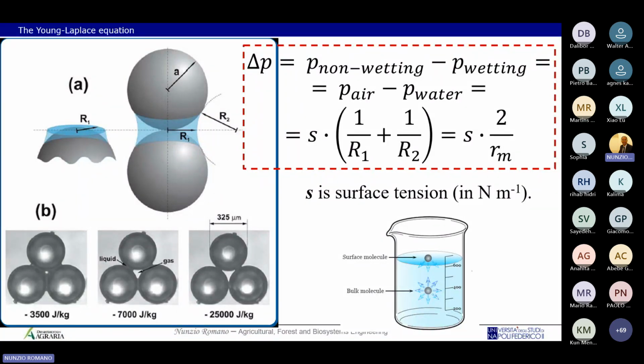So for all the water molecules located just at the interface between air and water, we have a sort of discrepancy, and this raises a tension, a surface tension, because this is a tension that happens just at the interface between the non-miscible fluids.